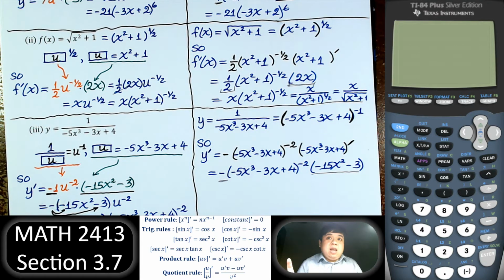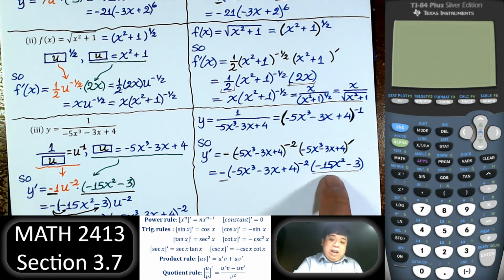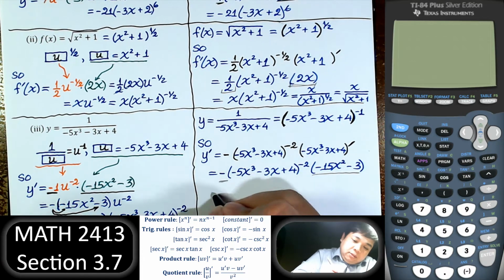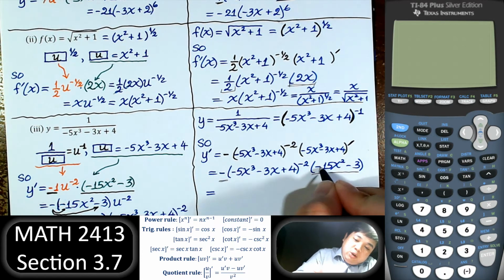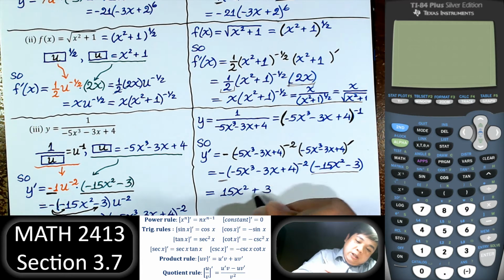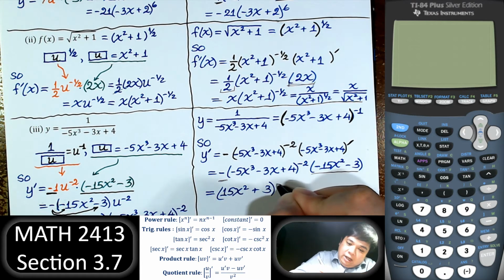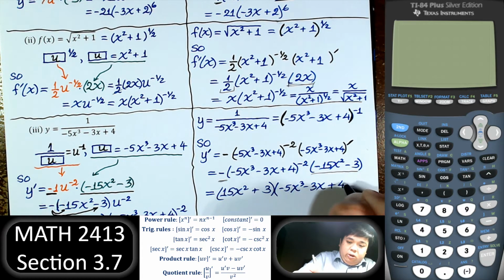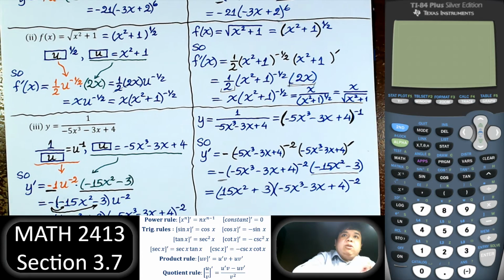If they don't have the same power, do not multiply anything inside. So negative times negative gives us 15x squared, negative times negative, that plus 3. And so we have negative 5x cubed minus 3x plus 4 to the negative 2 power.